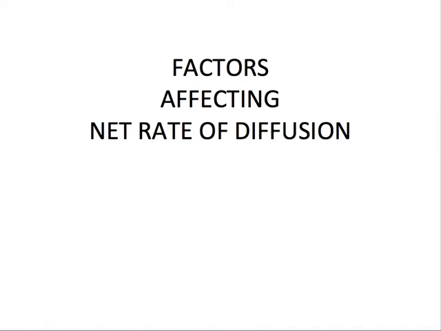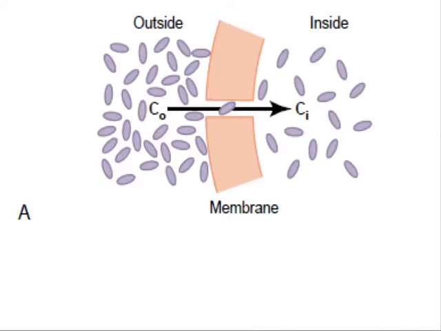So we have to look at the factors which affect the net rate of diffusion. One of them is the concentration difference. You see, the net diffusion rate is directly proportional to the concentration difference across a membrane. Generally, whenever the concentration difference across two sides of the membrane increases, the rate of net diffusion also increases.